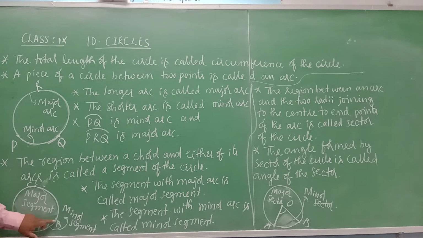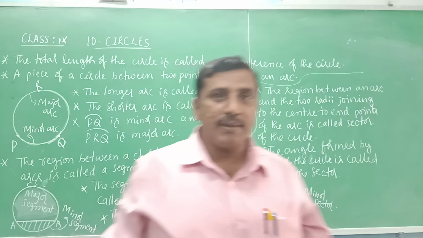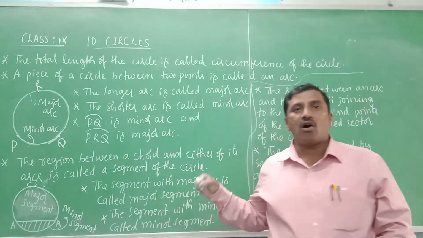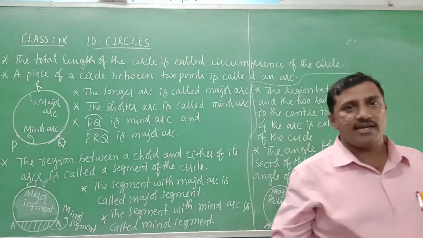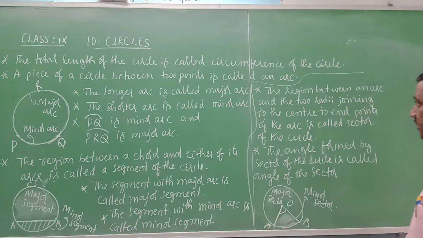Here, this segment is formed with the major arc, and this segment is known as the major segment. And here this segment is formed with the minor arc, and it is known as the minor segment. So what is a minor segment? The segment with the minor arc is called the minor segment. The segment with the major arc is called the major segment.